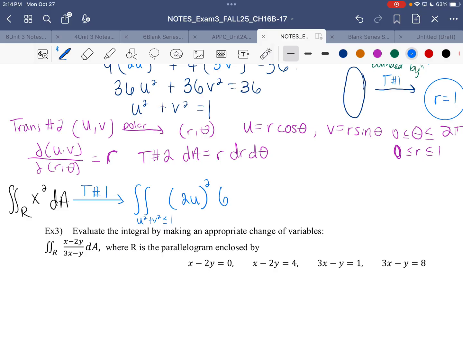And dA became 6 du dv. Then we go into polar, so transformation number 2. 0 to 2 pi became our region, 0 to 1.